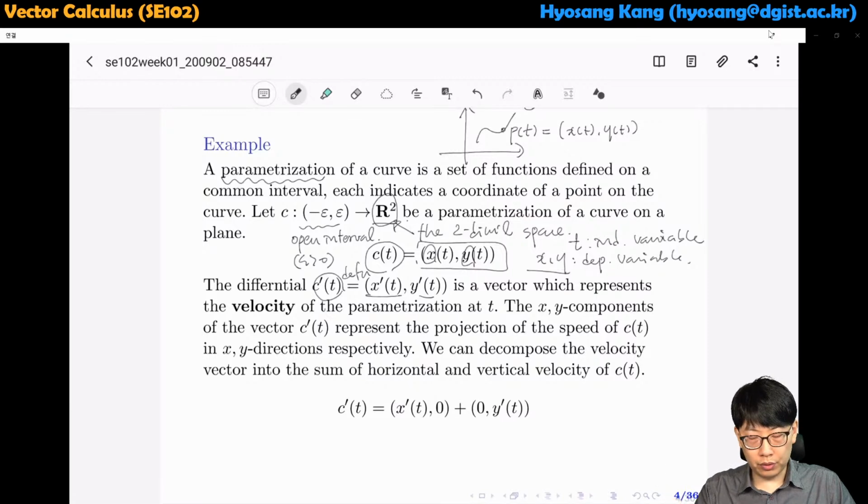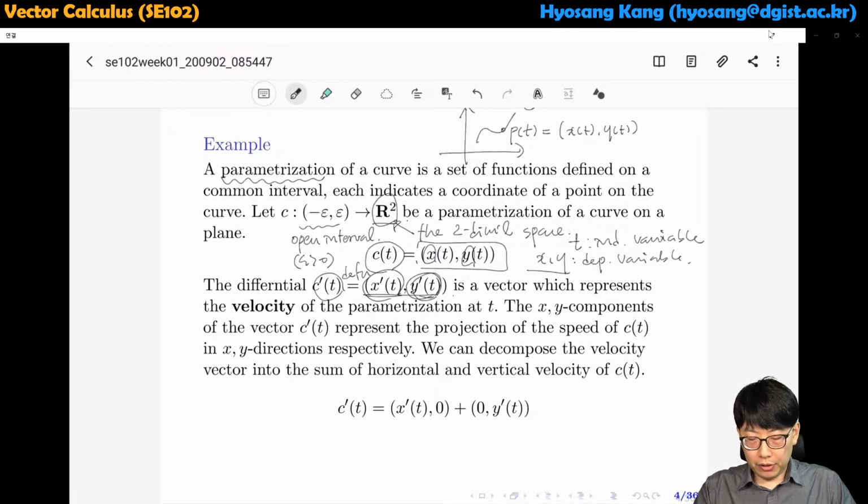And y is also. So I can define the derivative of a single-variable function as we did in the previous semester. So this is well defined. What I get as c prime of t is an ordered collection of x prime of t and y prime of t. And now we are going to call this the velocity vector of the parameterization c, not a point.